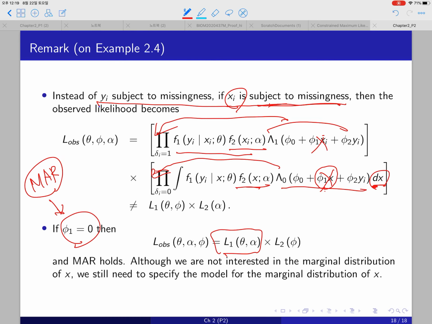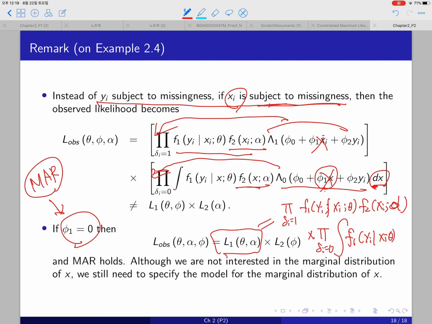So L1 is the product over delta equal to 1 of f1 of yi given xi and theta, f2 of xi and alpha, times, for delta i equal to 0, the integration of f1 of y given x and theta, f2 of x and alpha, dx.